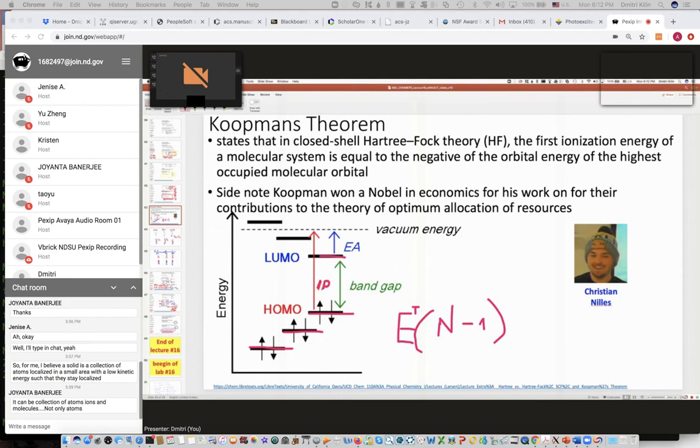No comments. Anyone else want to comment on the ionization energy? Can it be measured electrochemically? Yeah, I can describe. Please do. And Kristen, you already did it last week, so let's give Joanta a chance.